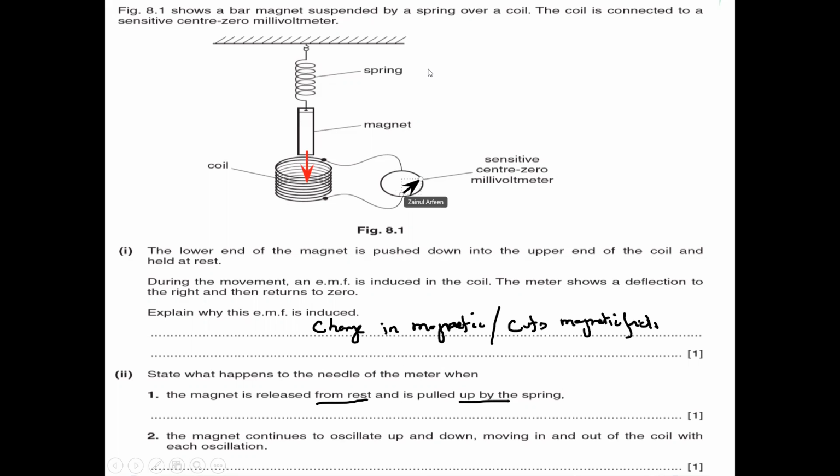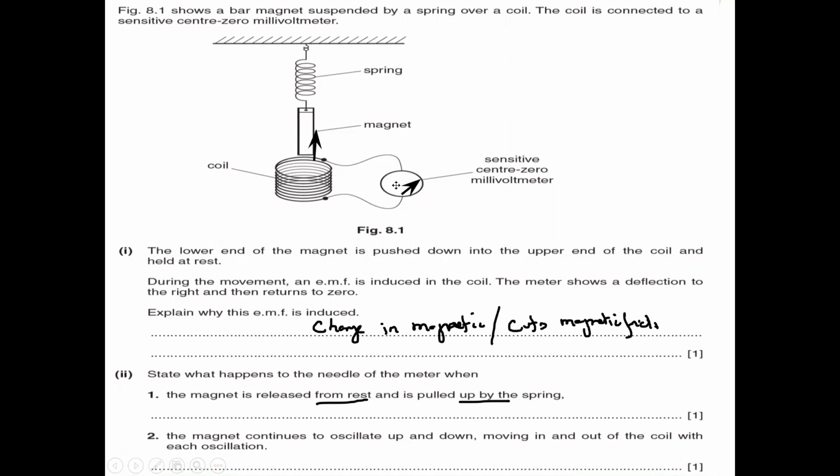But now the magnet is being pulled up by a spring. If we change the direction of the motion of the magnet, what will happen to the reading on the galvanometer?